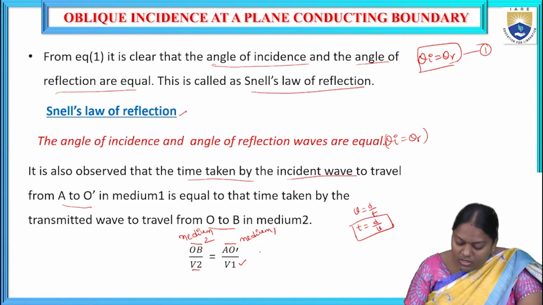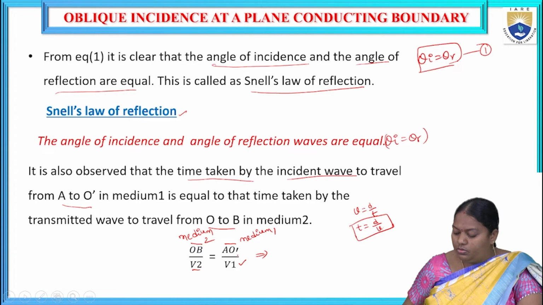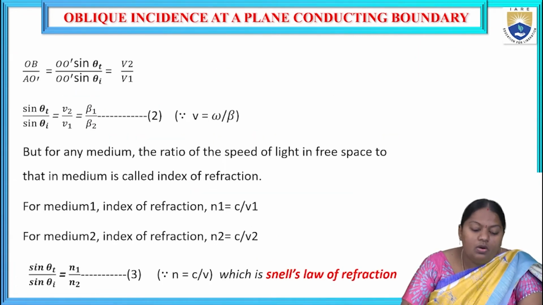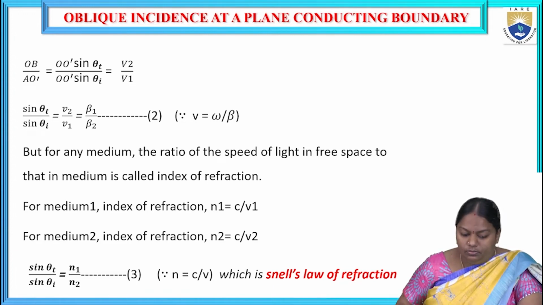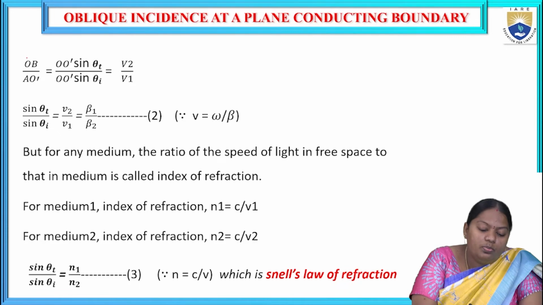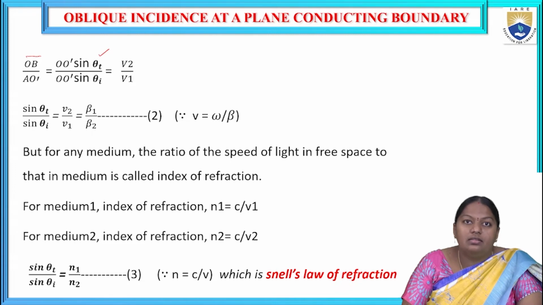Now from these two, OB by V2 equal to AO dash by V1. From these two, we can write OB by AO dash is equal to. How we have written the reflected wave and incident wave distances, here also the distance from O to B for the transmitted wave is equal to OO dash into sine theta t.